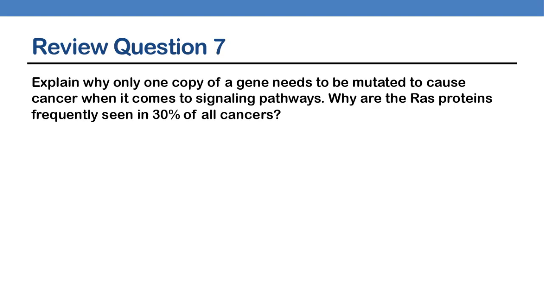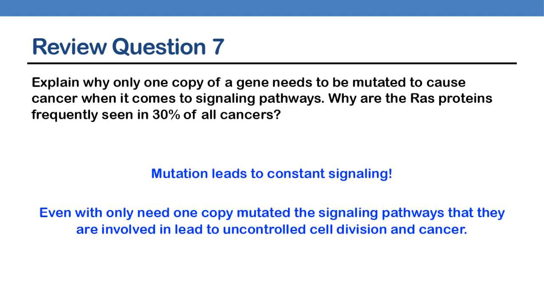Awesome. Yep. So you're saying RAS, a GTPase, unable to be turned off, leading to unregulated proliferation. Someone says mutation, constant signaling. Yes, these are all correct. It's going to keep on signaling. Perfect. Mutation leads to constant signaling.